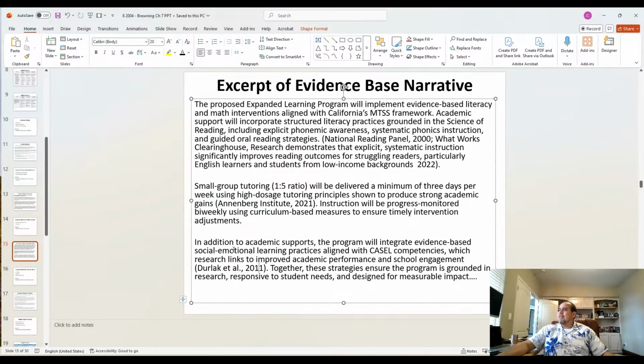The program will integrate evidence-based social emotional learning practices aligned with CASEL competencies, which research links to improved academic performance and school engagement. Durlak et al. 2011, right? And so forth and so on. All of this is really tied to evidence. What does the research show? Are we doing things that people have already written about, have done before, and have been shown to work? That's exactly what we want.